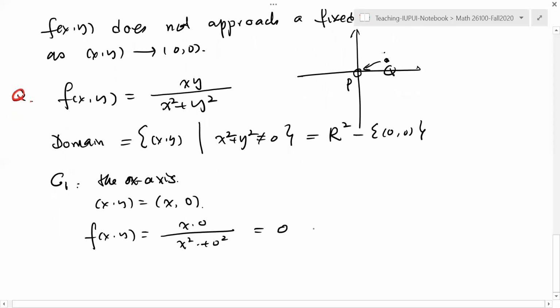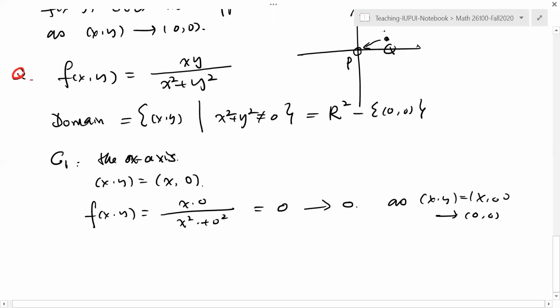So of course it approaches 0 as x and y approach the origin. And for C2, if you choose the y-axis, you end up with the same result. The value of the function approaches 0 along the y-axis.